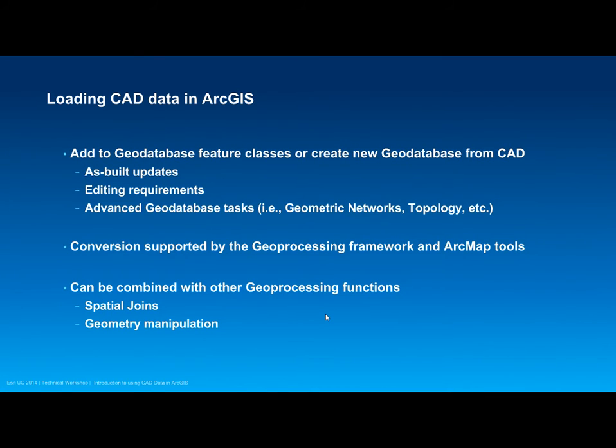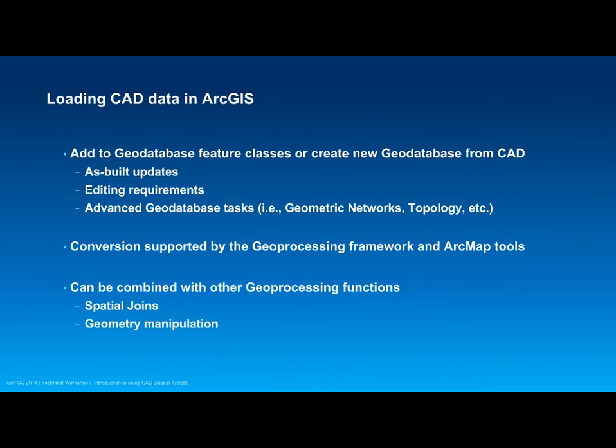So, how about taking CAD data and loading it into ArcGIS? We can add to geodatabase feature classes or create new geodatabases from the CAD. As CAD files like as-builts update, we can update our geodatabases.